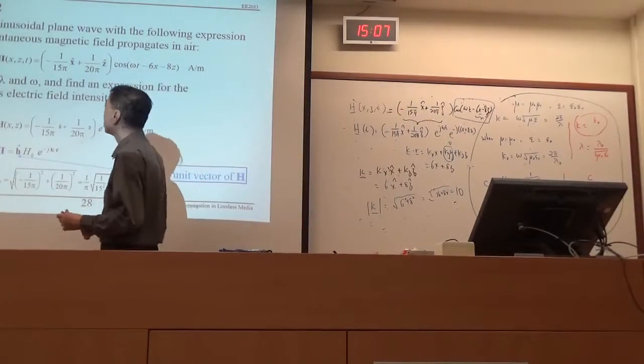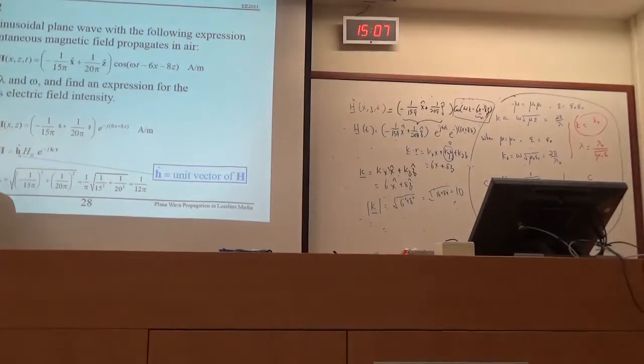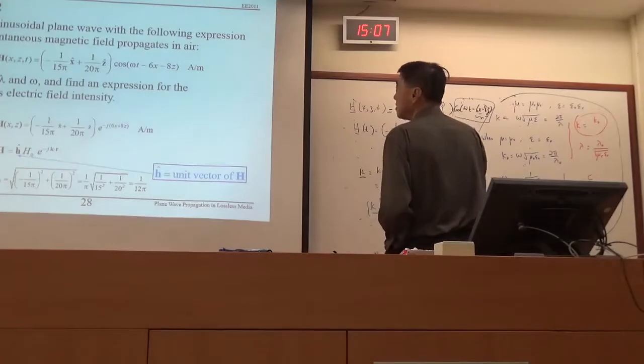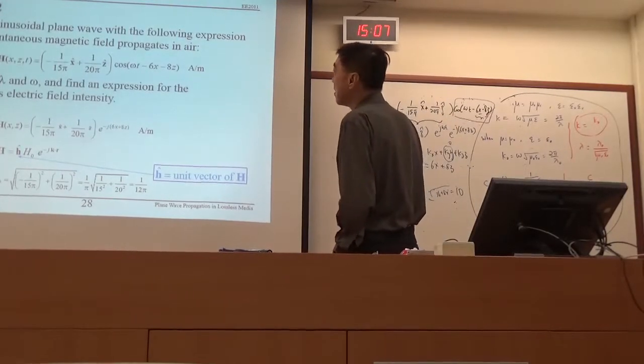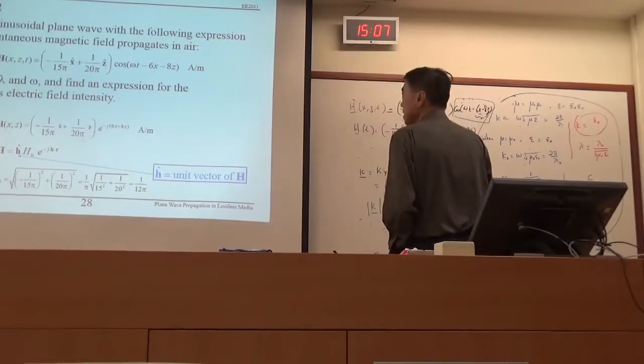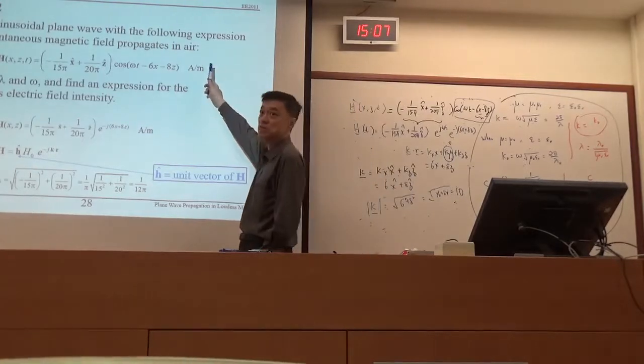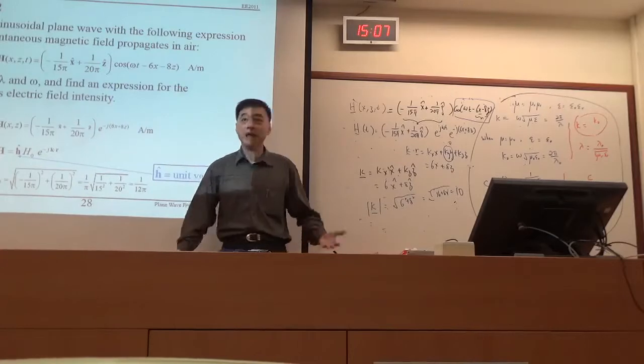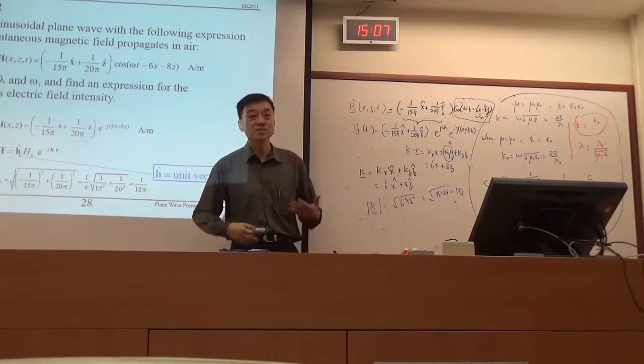Now then, what is omega? How to find omega? No sweat, because you just read the question carefully. In air, mu equals mu naught, epsilon equals epsilon naught.